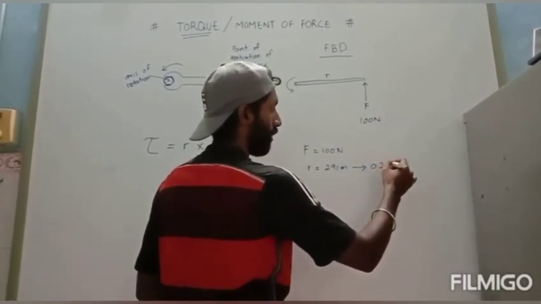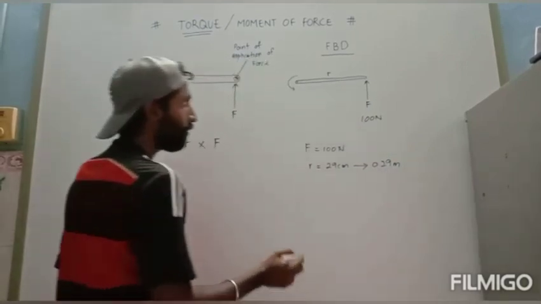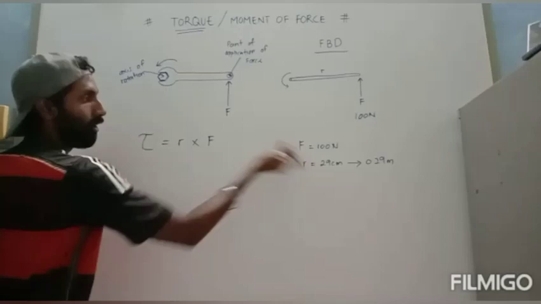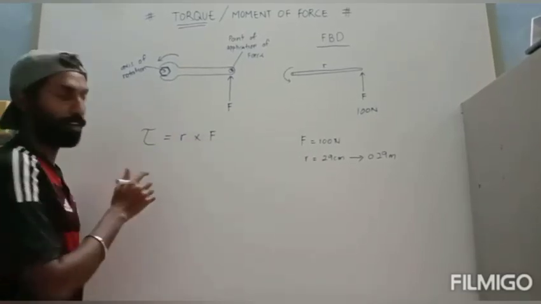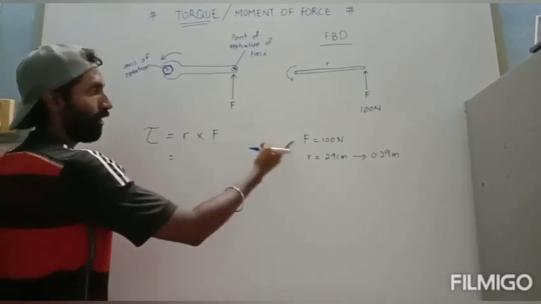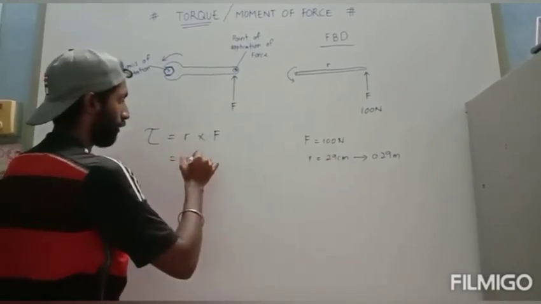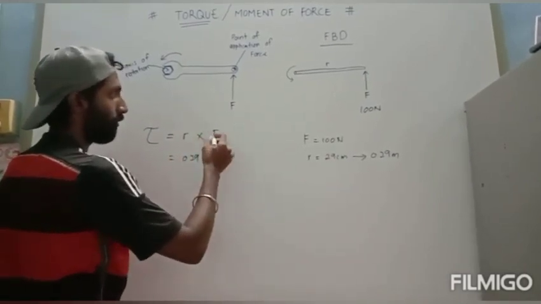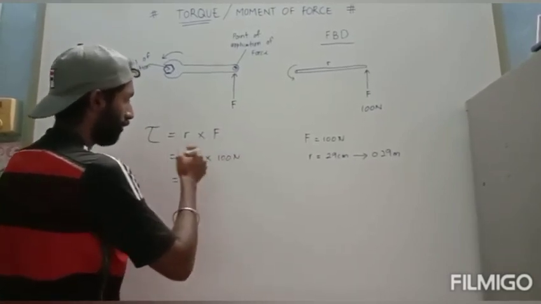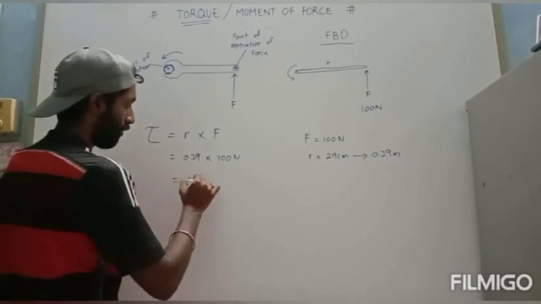It will be 0.29 meter. Now we substitute the values in the formula to get torque. The length of the lever arm is 0.29 multiplied by the force exerted, 100 Newton. So the value is 29.